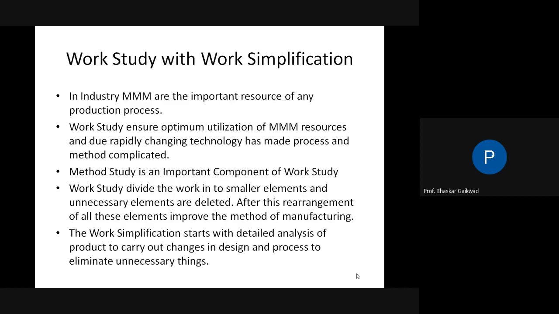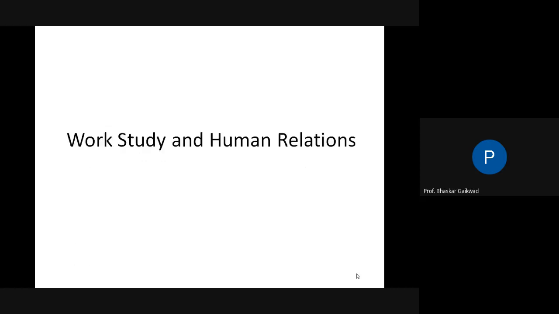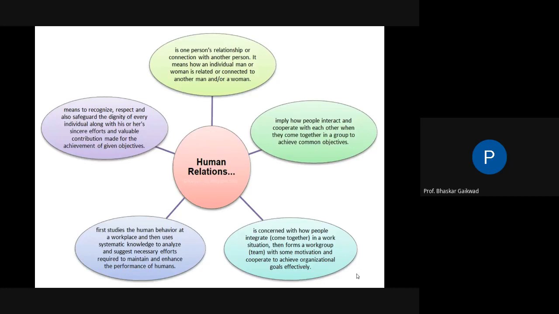If critical works are there, you can split them into small elements, delete the unnecessary elements, and go for rearrangement. This is the simplification. Then human relations: it is actually a good thing for improvement in production and productivity. Work study will make good relations with the laborers, and it will lead to an increase in production and productivity. These things we have seen.